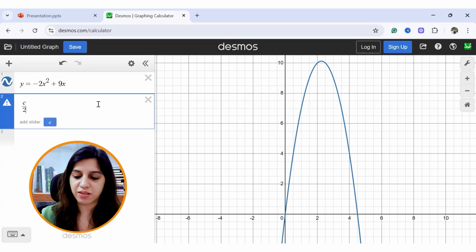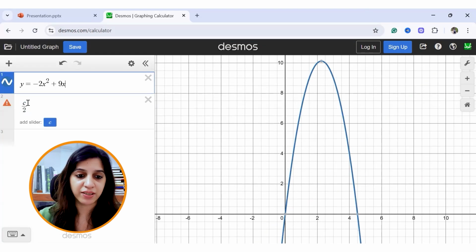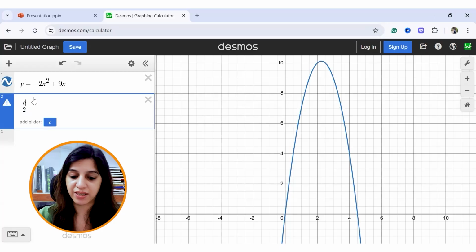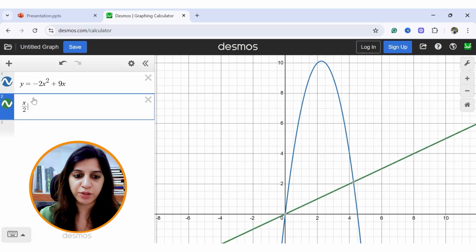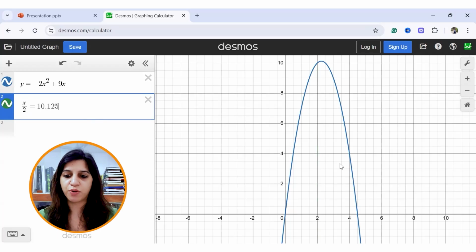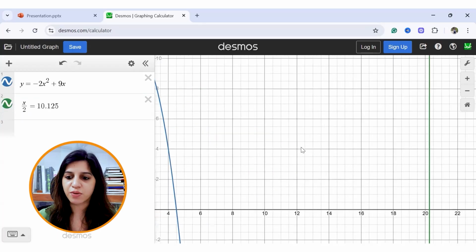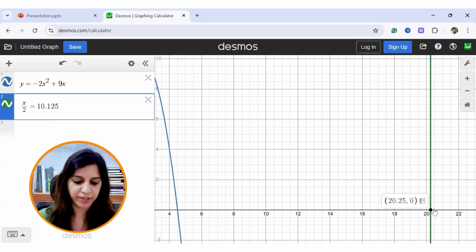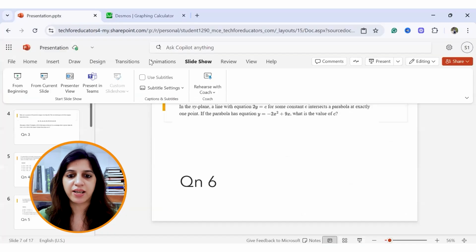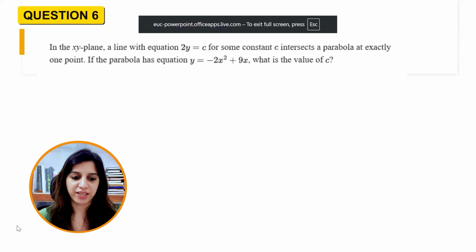Let me not put C actually, Desmos doesn't like other alphabets very much other than X and Y. So x by 2 is equal to 10.125, which means the value of C is going to be 20.25, which is the correct answer. The value of C is what they are asking. It's 20.25 or 81 by 4.